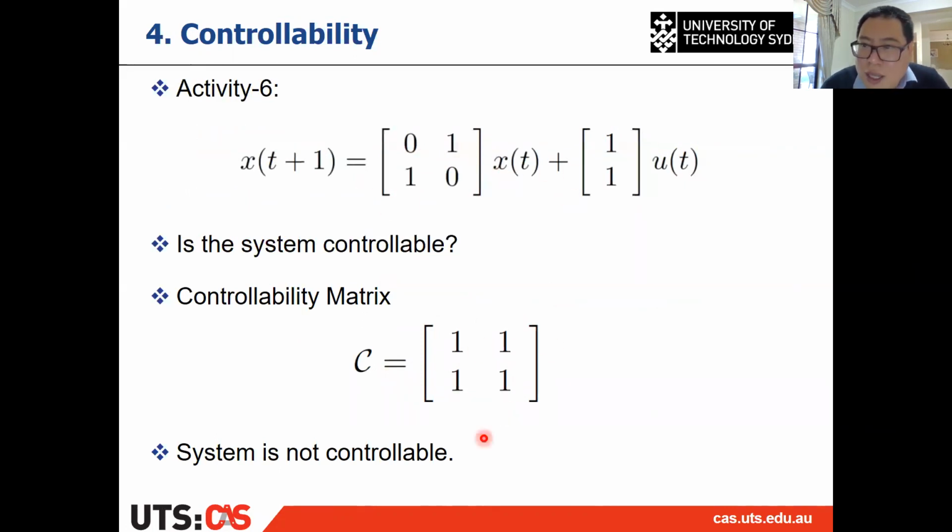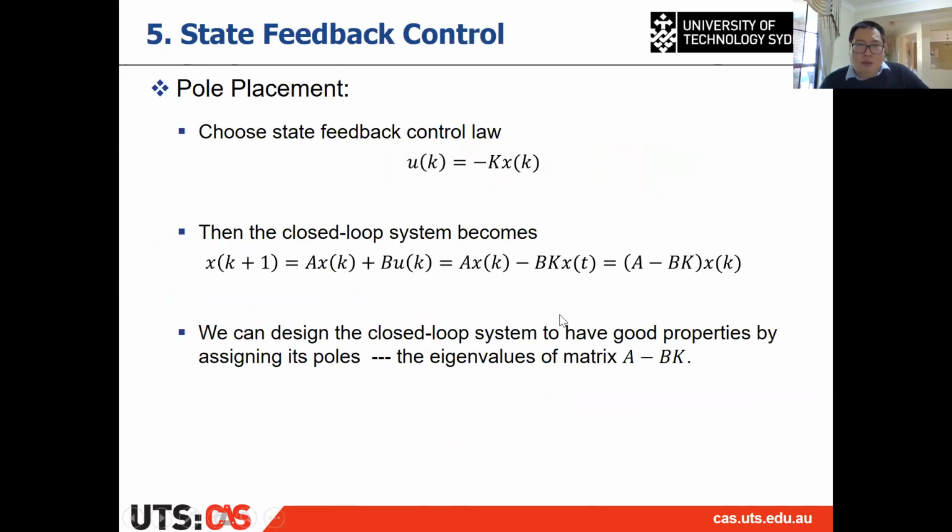So it is not full rank, because the first column is the same as the second column. It is not full rank, which means it is not controllable. Also, if you calculate the determinant, it is 1 minus 1, which is 0, so it is not full rank, which means it is not controllable.